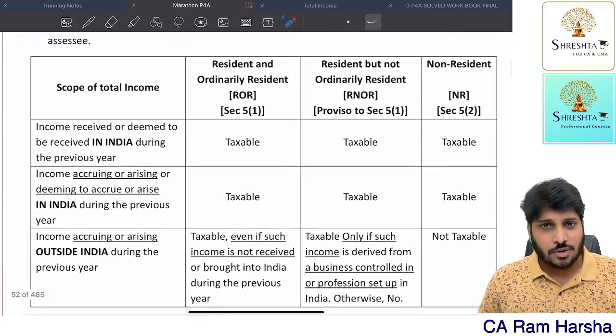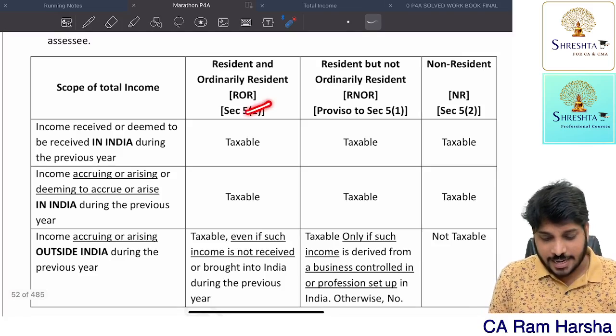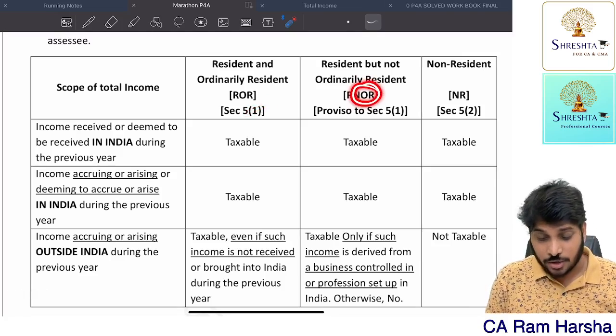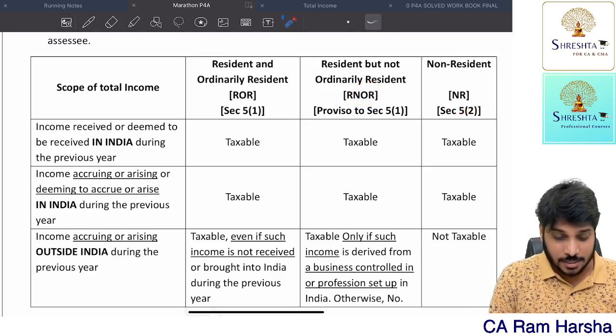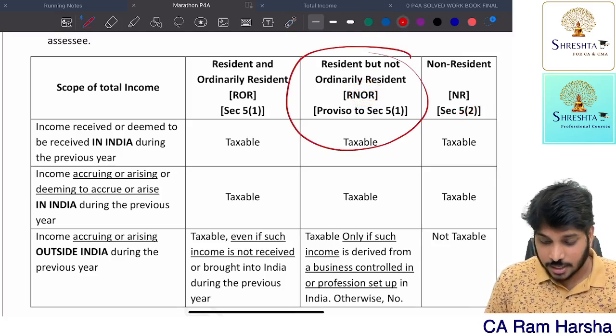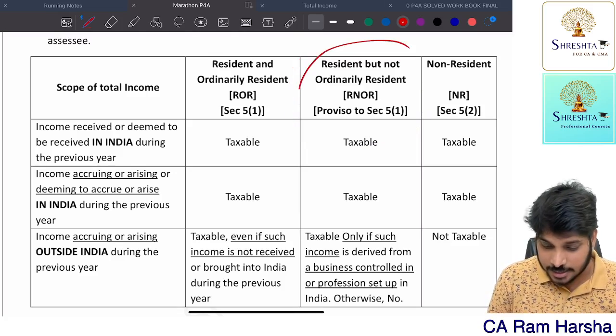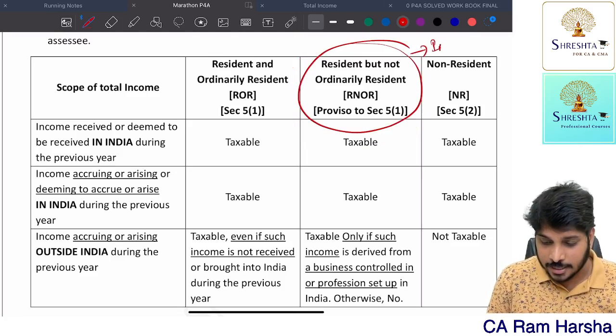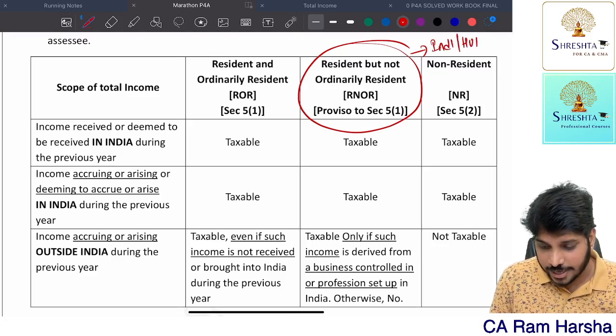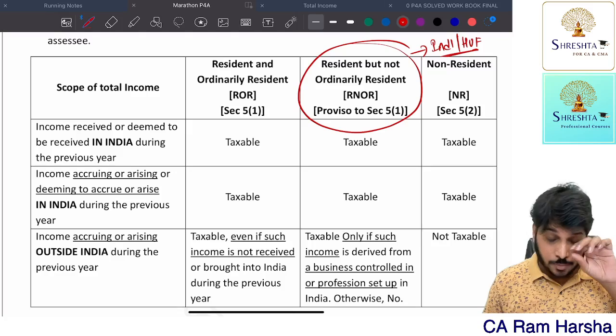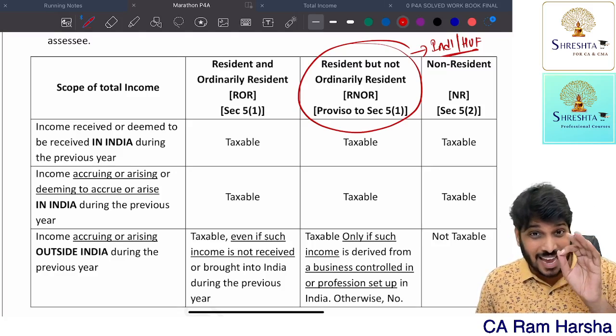Now, as I told you, broadly three categories: resident and ordinarily resident, resident but not ordinarily resident, non-resident. Remember these words. This point is applicable only for individuals and HUF.